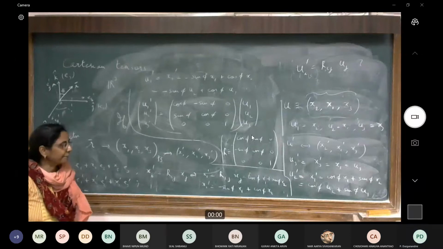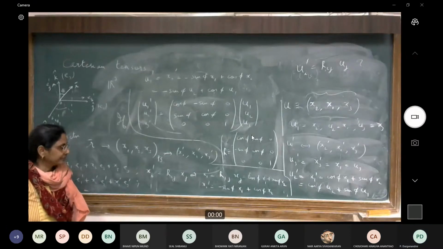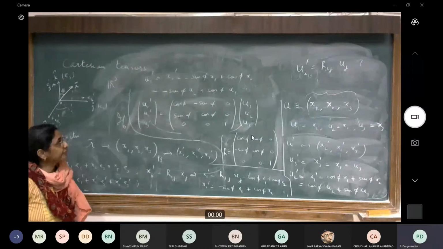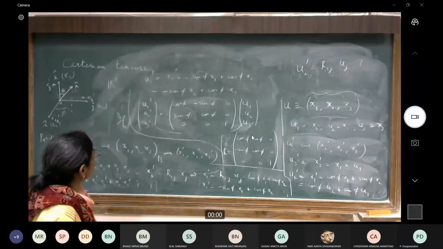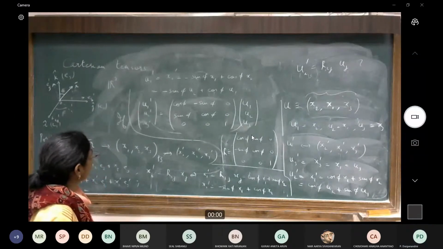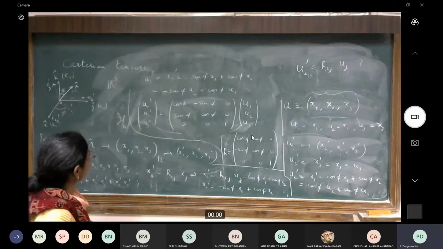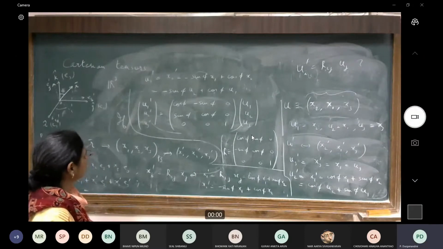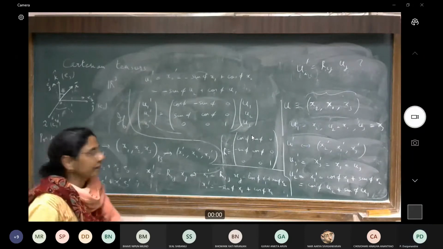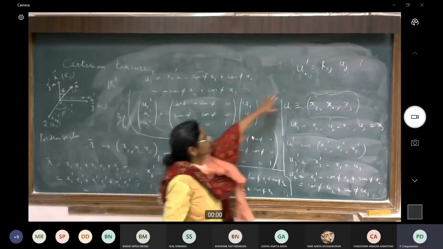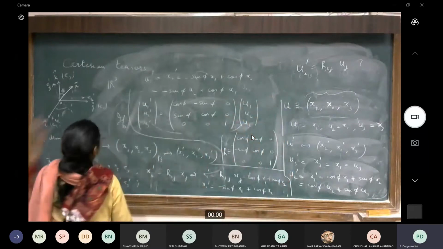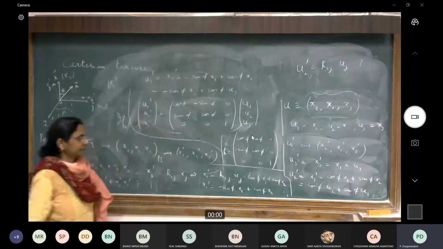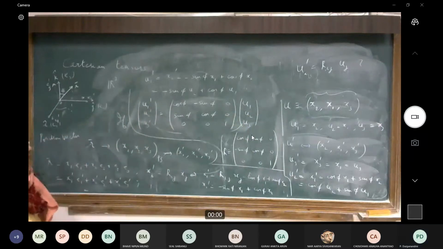Anybody? Is this relation satisfied? Given that I have the transformation laws like this, I explicitly figured out what the transformation is.